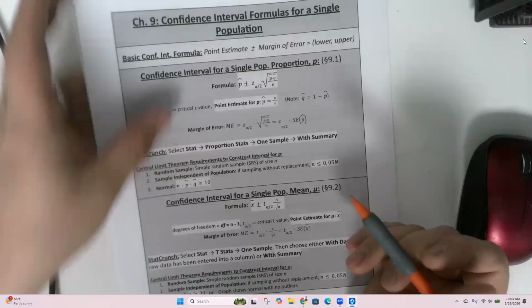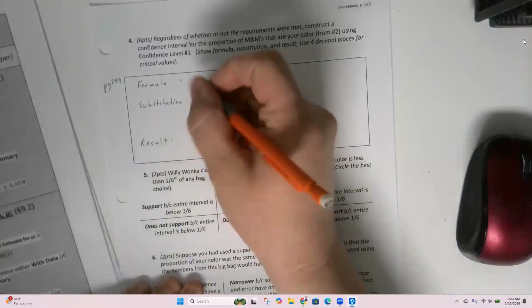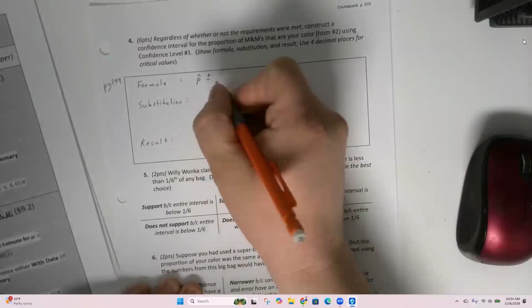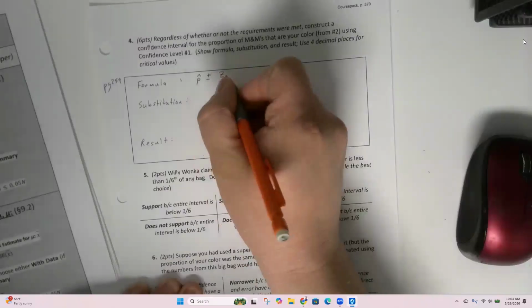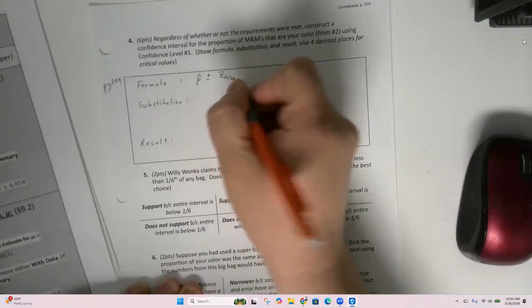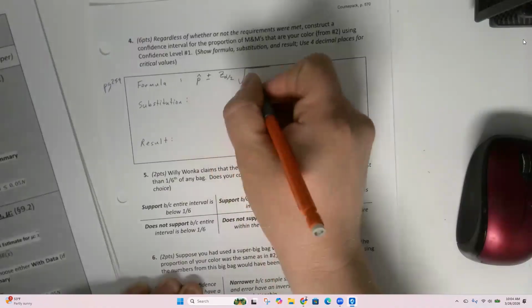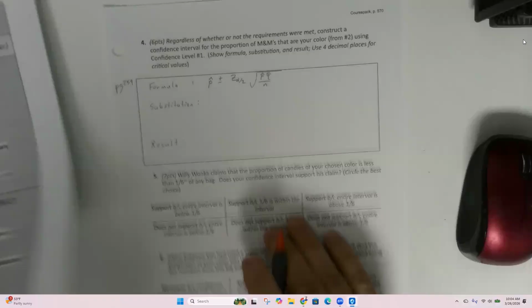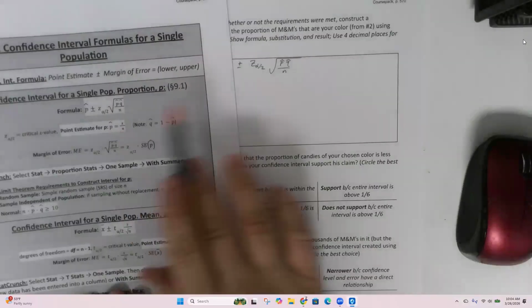That's what we're going to write for question number 4. So you're going to write the formula: p hat plus or minus z alpha over 2 square root p hat q hat over n. We're just going to copy this down. I'm just copying that formula.